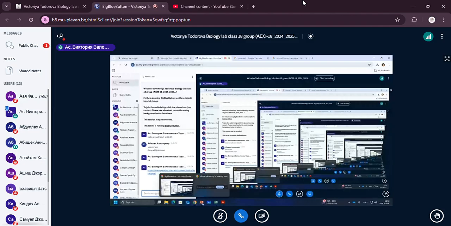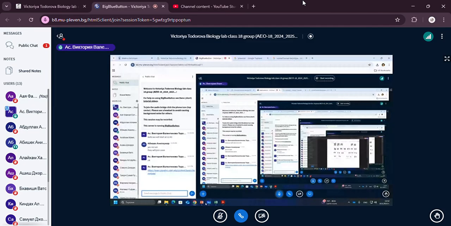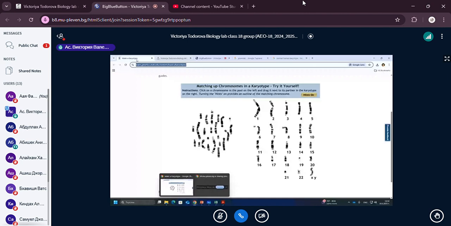Yeah, you can see the banding here. The other thing we can discuss for the chromosome is the banding.